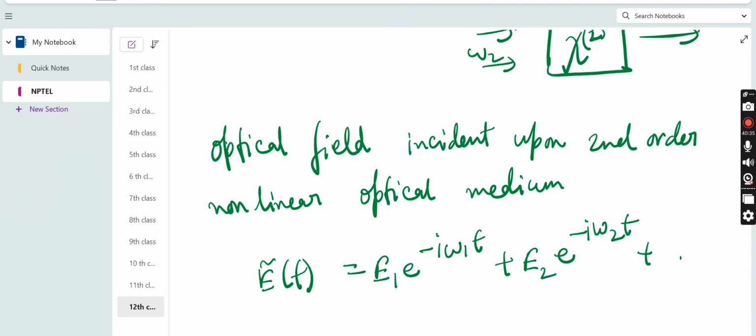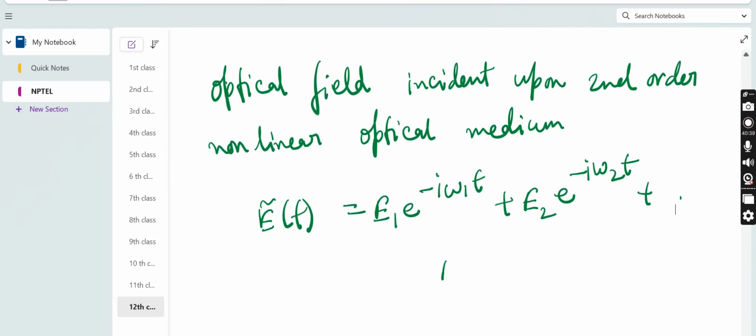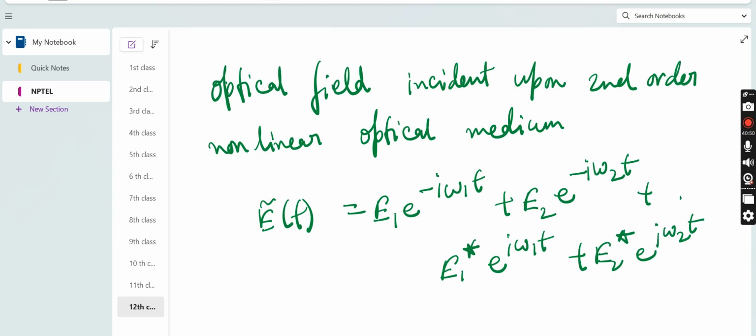So basically, E1 star e to the power i omega 1 t plus E2 star e to the power i omega 2 t.